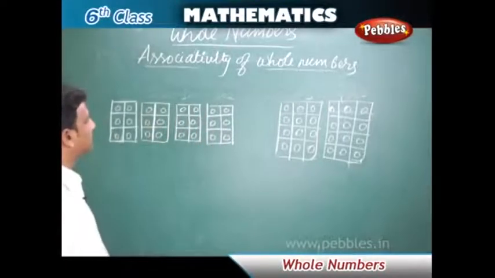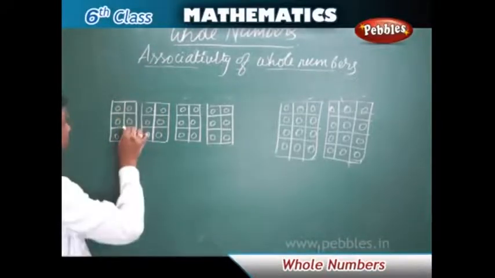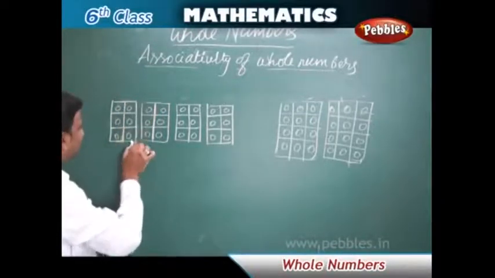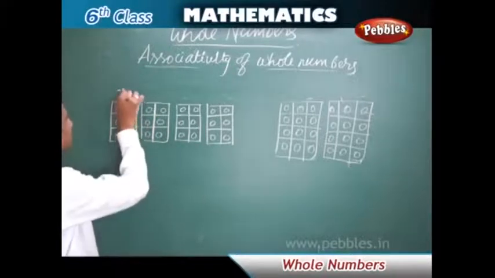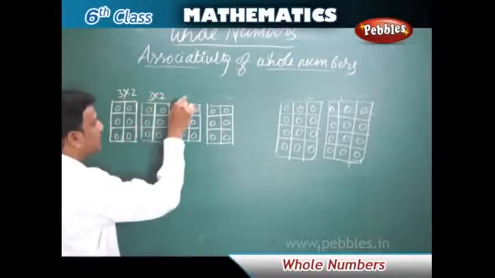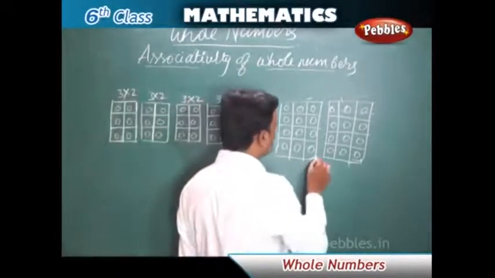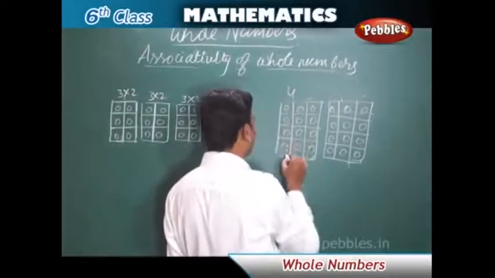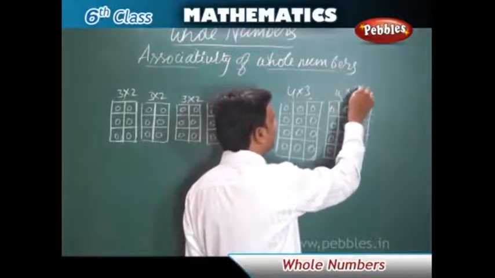Let us see the associativity of multiplication for whole numbers. Here we have some dots arranged in a box. This box has 2 columns and 3 dots in each column. 3 into 2, 3 into 2, 3 into 2, 3 into 2. And here is a different arrangement: 4 dots in each column, 3 columns, 4 into 3.